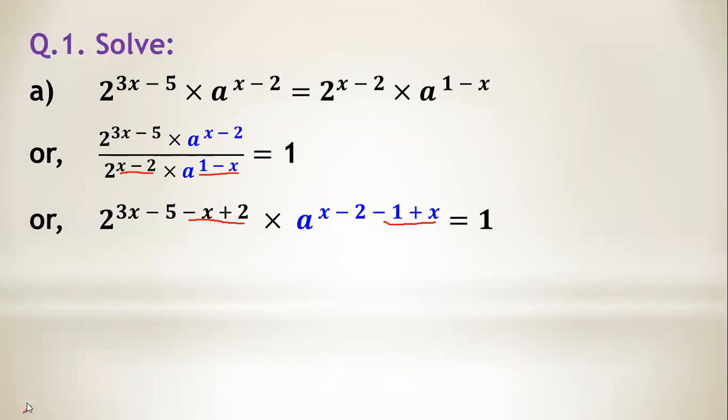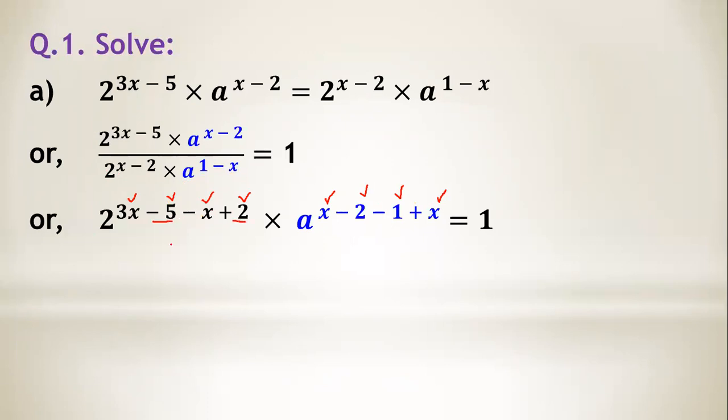Now, as we can see the like terms in the powers, plus 3x and minus x can be simplified, and minus 5 and plus 2 can be simplified. Similarly, plus x and plus x can be taken together and simplified, and minus 2 and minus 1 also can be simplified further. So 3x minus x will give us 2x, whereas minus 5 plus 2 will give us minus 3.